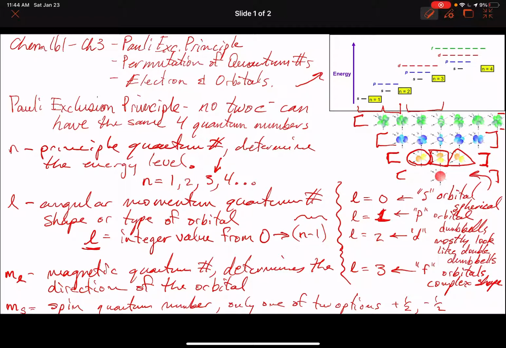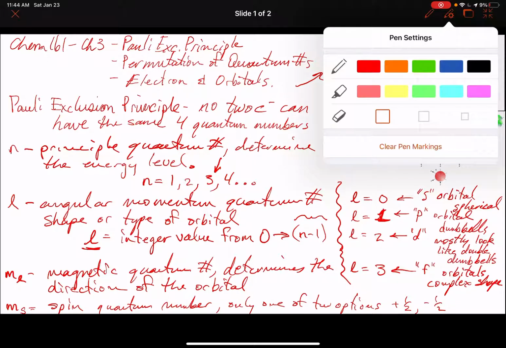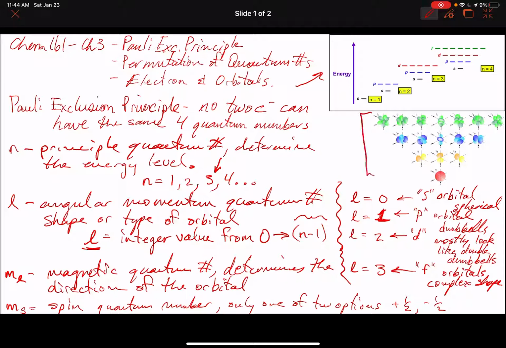We saw that in a few discussion points a moment ago. And hopefully now you're also appreciating how the complex set of orbitals that we have available for defining the electron, as we see in this diagram, may or may not be present according to these rules for permeating the quantum numbers, starting with n and looking at values for L, and then next looking at values for M sub L, and then thinking about finally spin options for the electron.